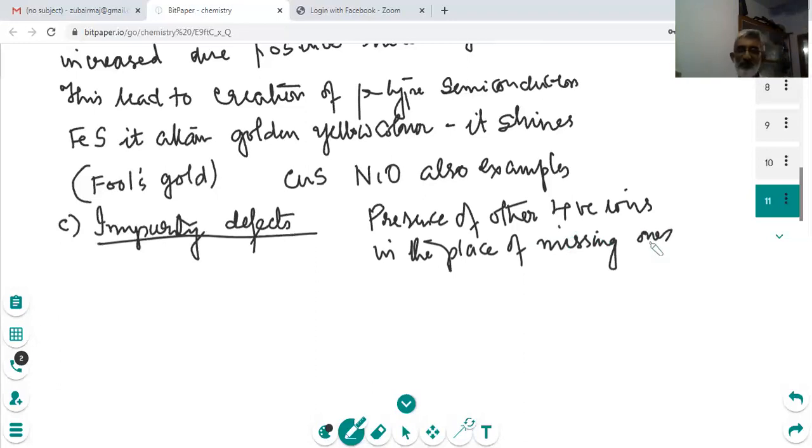So that means it is a substitution type of metal defect, a crystal defect.